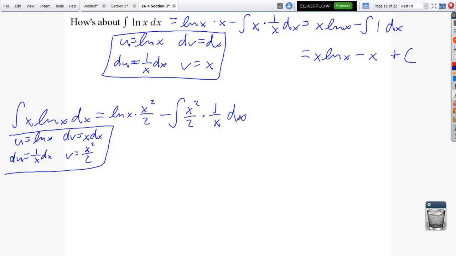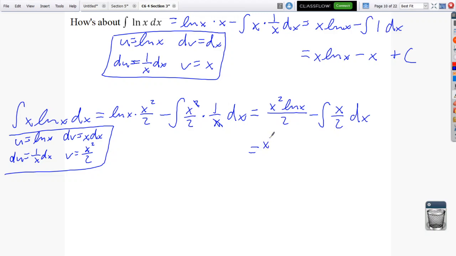Simplifying to make it easier to work with, I would have x squared ln x over 2 minus the integral, and one of those factors cancels off with this. We now have x over 2 dx, and now we really just need to antidifferentiate that x, right?